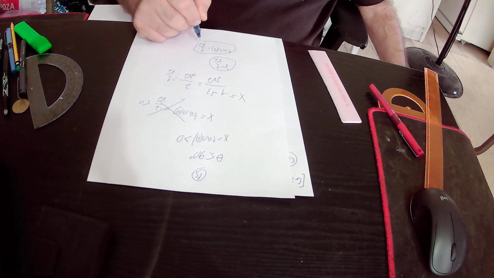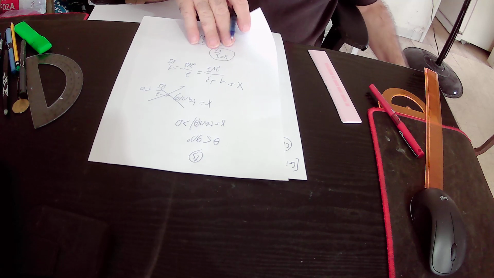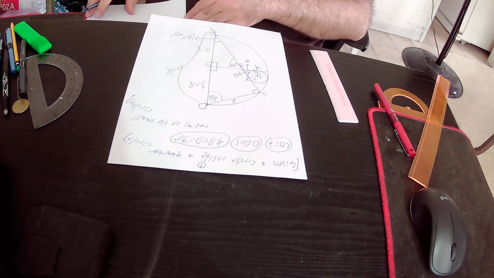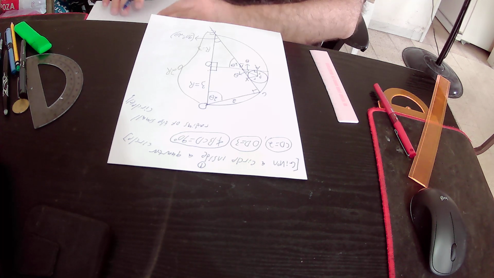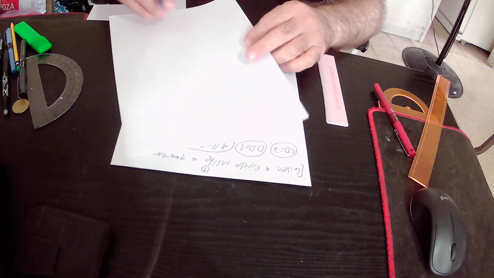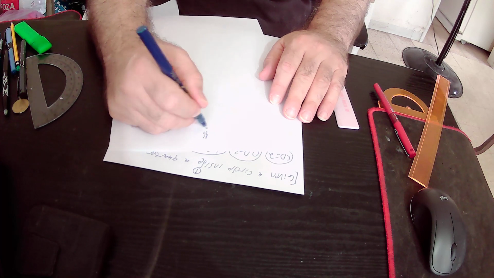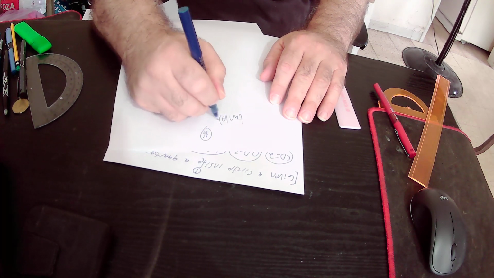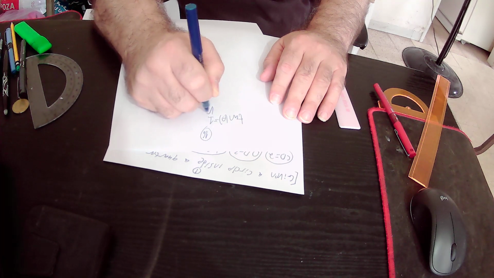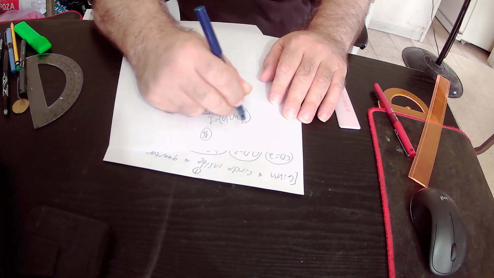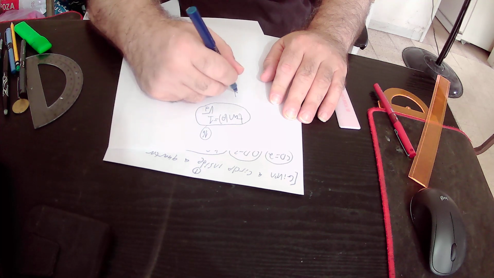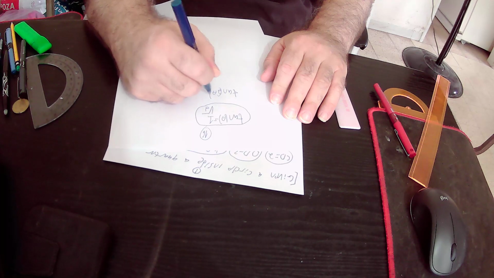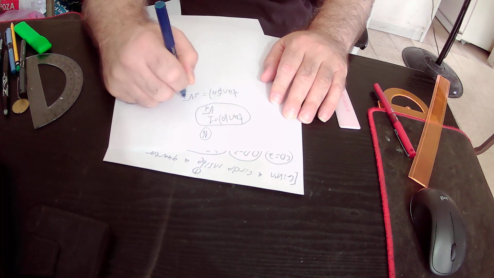Okay, so we found out that tangent theta equals 1 over root 2, and we have already found out that tangent 2 theta equals 2 times root 2.